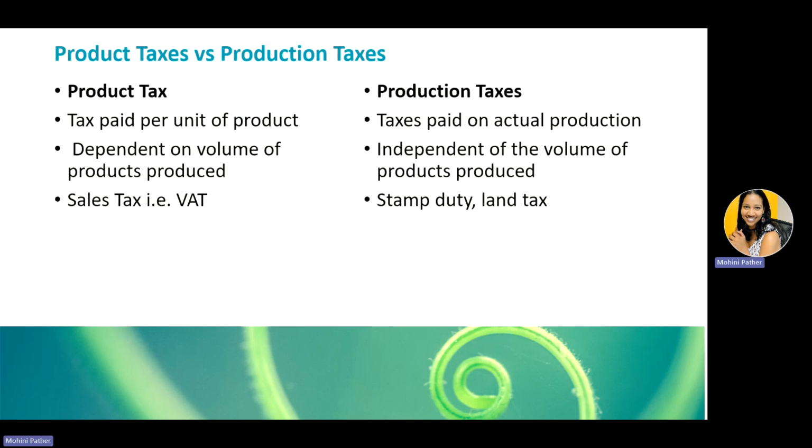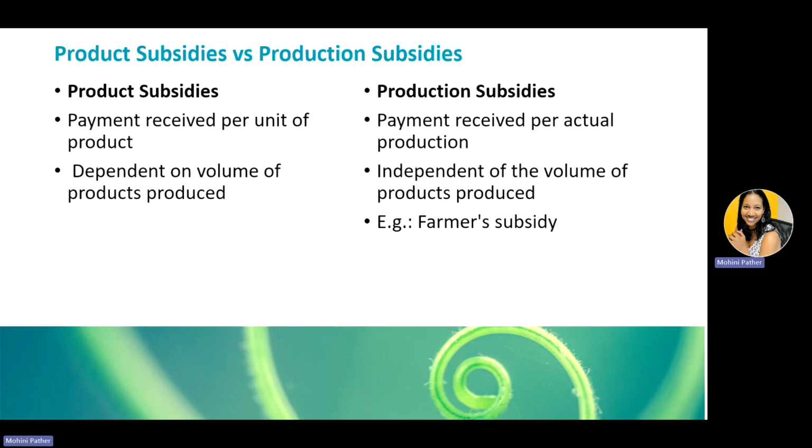Now, as we just said, there are production taxes, which are paid on actual production, independent of the volume. And then there are product taxes, which are very dependent on the volume, and you're paying them per unit of product. Then there are production subsidies and product subsidies. Production subsidies help a farmer to survive, or to become more competitive in his industry by reducing his per unit cost of production.